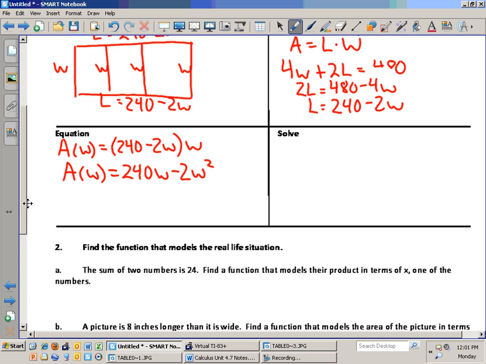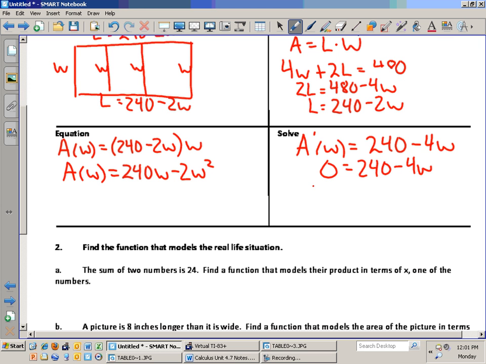Let's find the derivative. A prime of W is equal to what? 240 minus 4W. I find local maxes and local mins when I set it equal to 0 and solve. 0 equals 240 minus 4W.